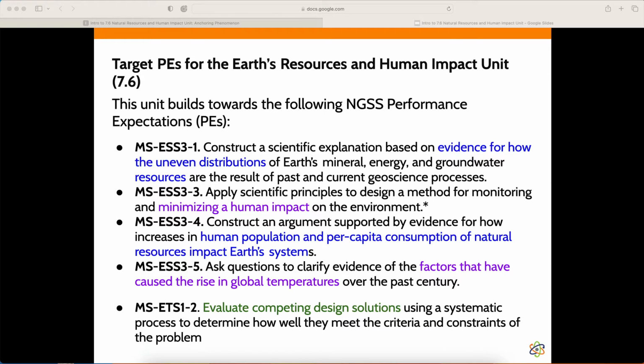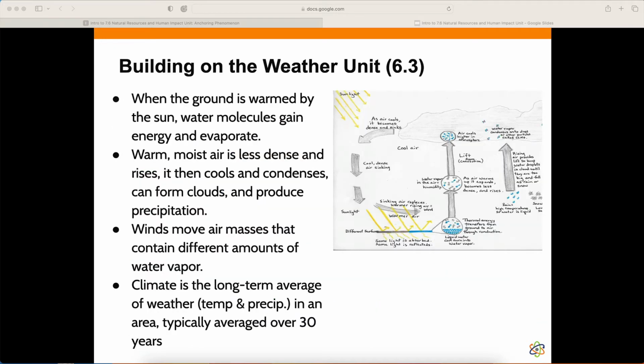So the targeted performance expectations for this unit are listed below. These are based in the earth science standards and some engineering. We'll be building on the weather unit that occurs in 6th grade.